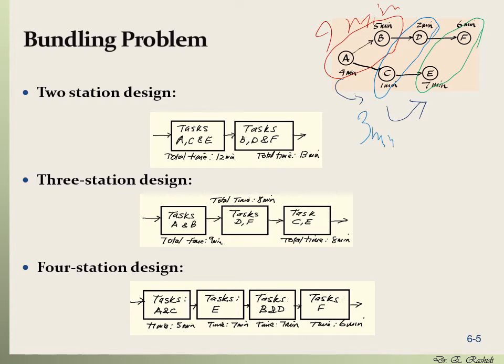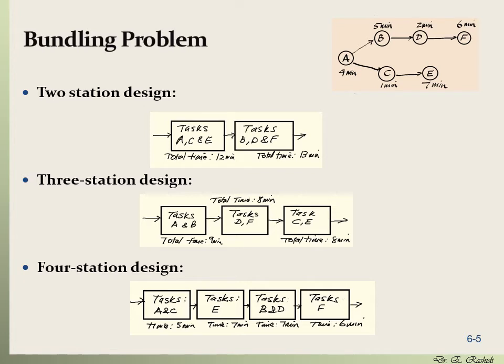And for the third workstation, shown in green, it is 6 plus 7, so that's 13 minutes. So there is a 10-minute difference between blue and green, and a 6 minute difference between red and blue. Here the workload difference is much higher than in the 2-station design.